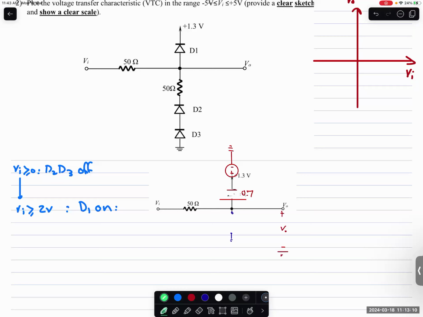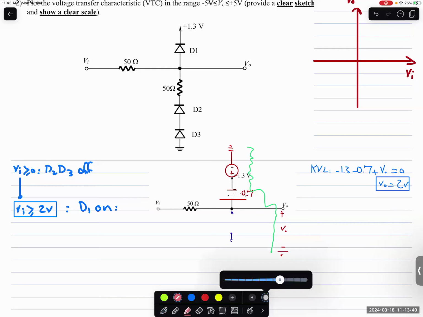So listen, I will apply one KVL this way. If you do KVL, you get minus 1.3 minus 0.7 plus VO equal to 0. So VO becomes equal to 2 volt. So basically, as long as VI is bigger than 2, the output becomes 2 volt.